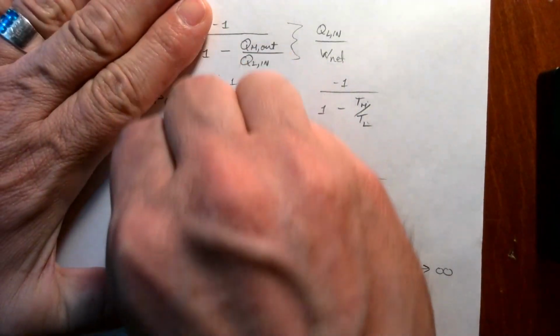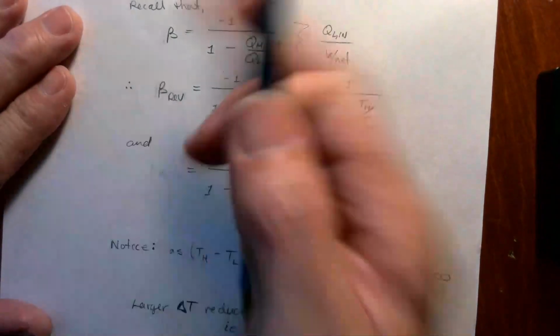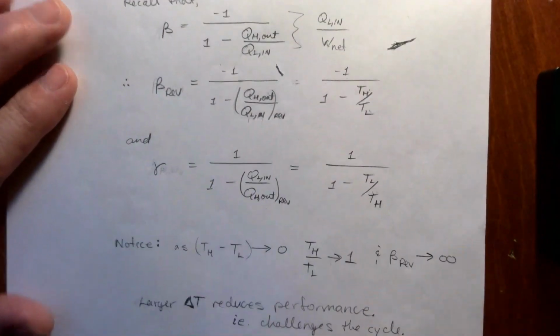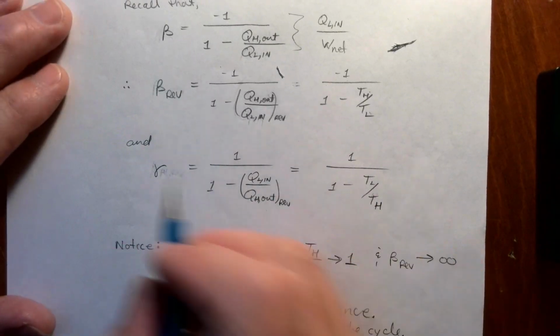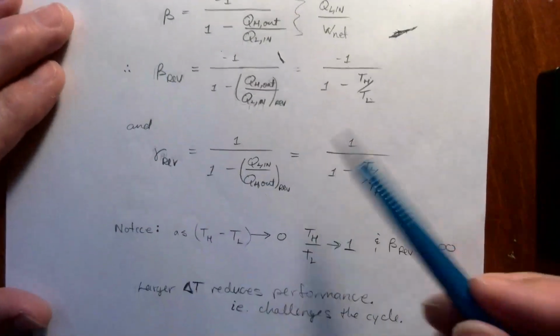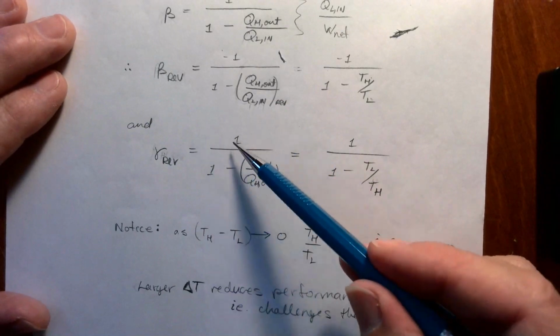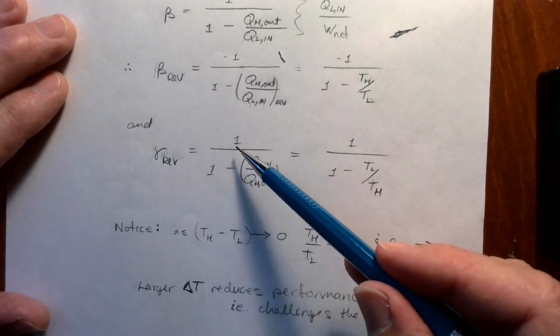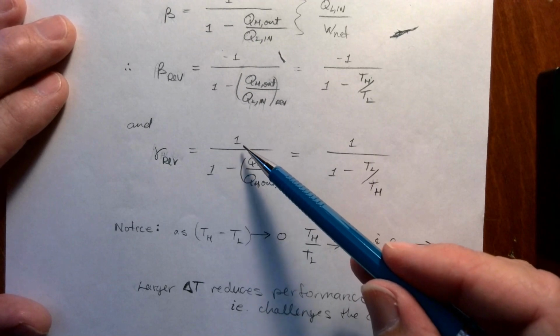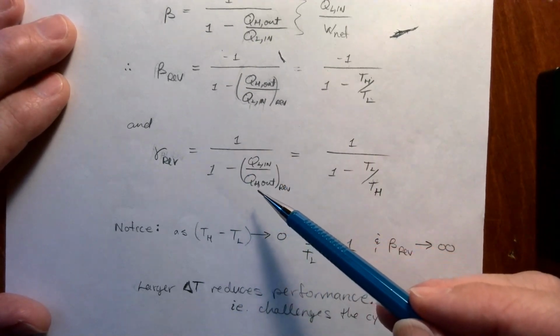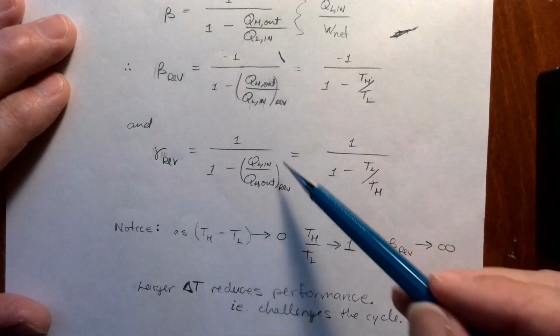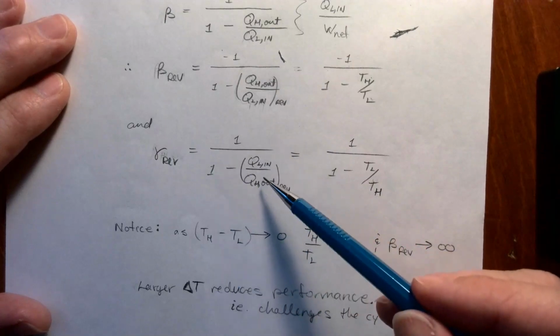Okay, we can do the same thing for a heat pump. This textbook doesn't use beta for the coefficient of performance for a heat pump. It uses gamma, so you can change that in your notes. So gamma, reversible, represents the QH out divided by W net in, the goal, and then make a substitution to replace W net in to end up with an expression with a ratio of the heat transfer.